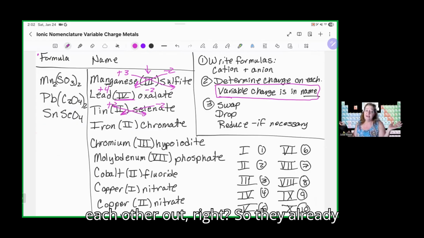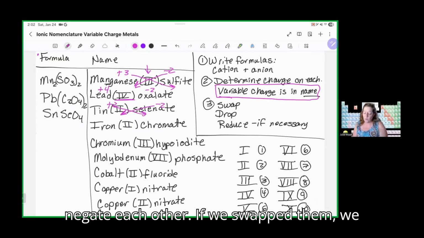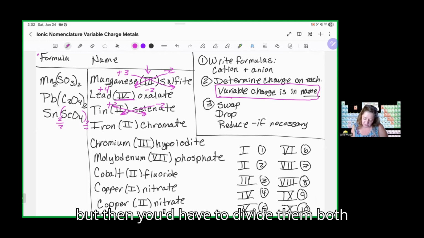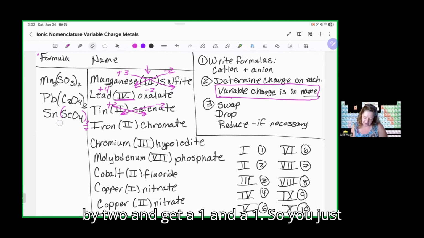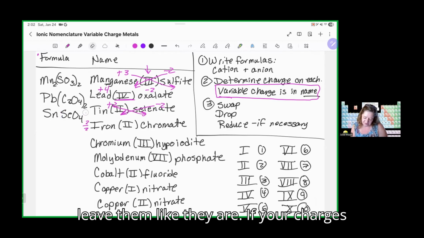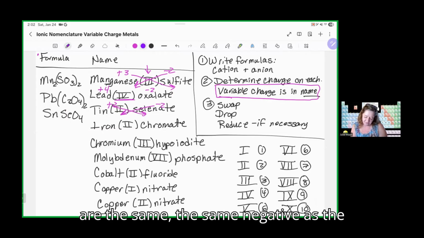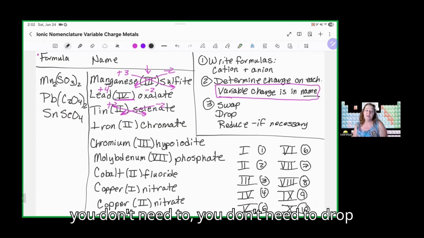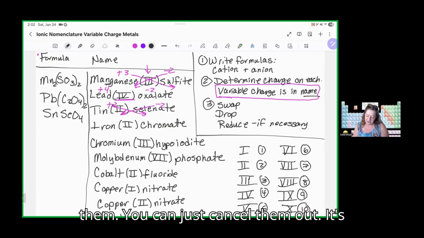If we swapped them, we would put a 2 and a 2, but then you'd have to divide them both by 2 and get a 1 and a 1. So you just leave them like they are. If your charges are the same negative as positive, you don't need to drop them. You can just cancel them out. It's just one of each.